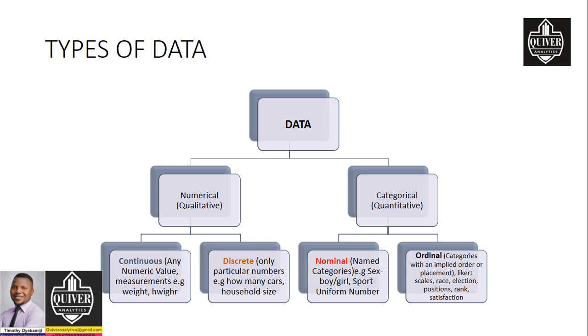In categorical, we have ordinal data. Ordinal talks about categories with an implied order or placement. An example is the Likert scale. If you've ever attended to a questionnaire, you see things like, on a scale of 1 to 5, show us how well you agree or disagree with the statement. 1 being strongly disagree, 5 being strongly agree, so that's an order.